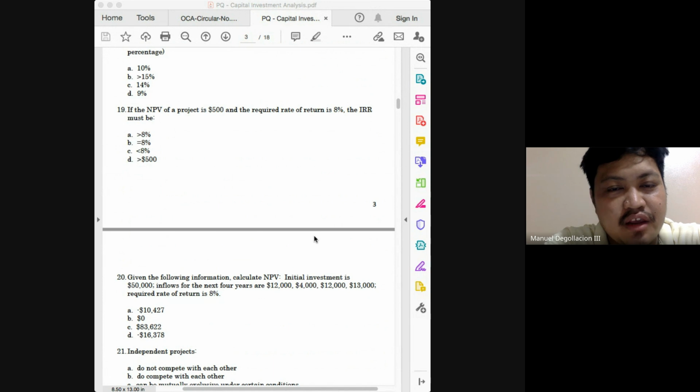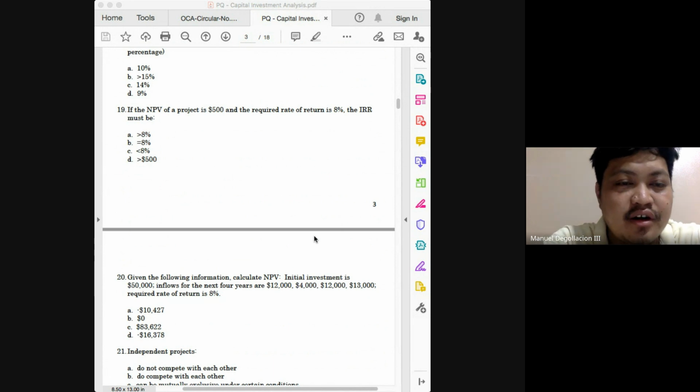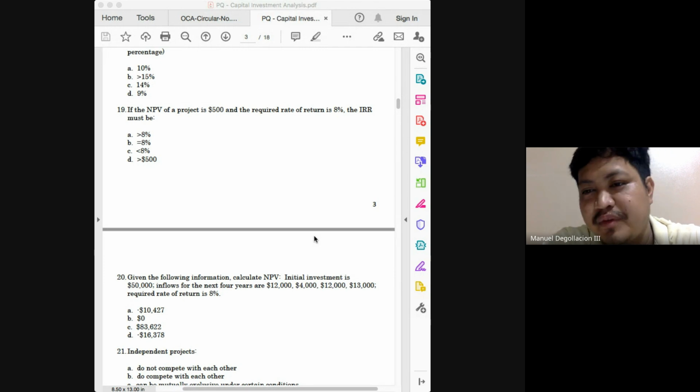The present value of the inflows is equal to the present value of outflows. So if you discount the inflows and outflows using 8%, the present value of the inflows is greater by 500. So the goal now is what would be the rate that would bring down this net present value from 500 to zero.